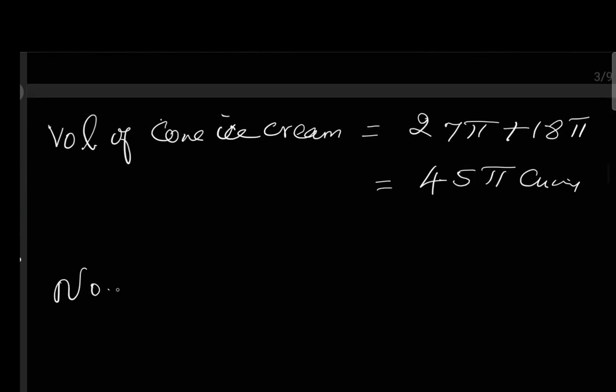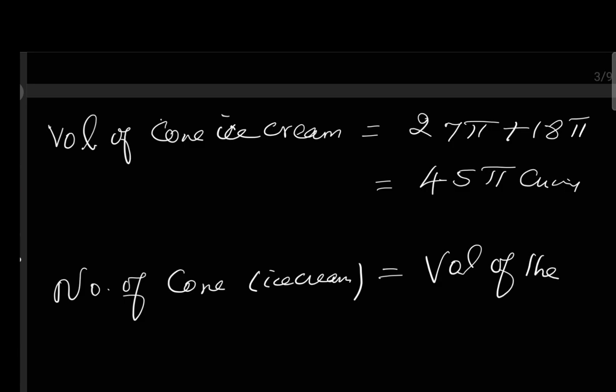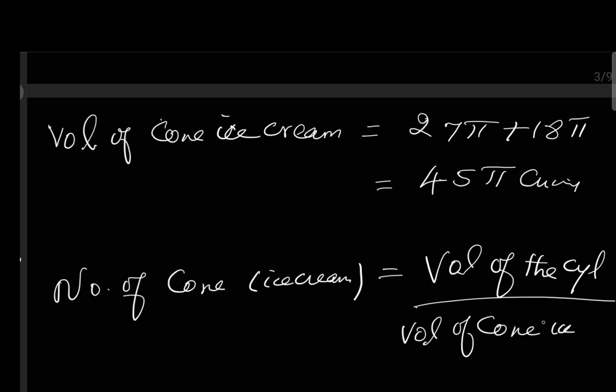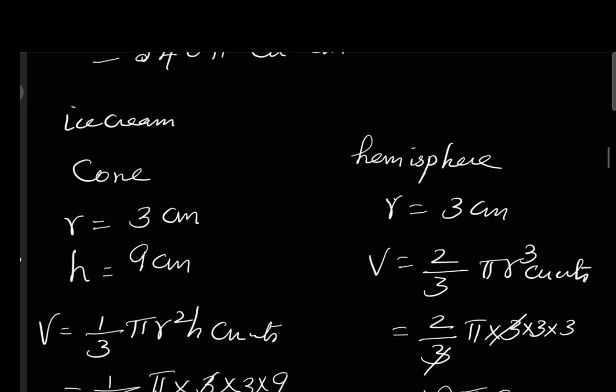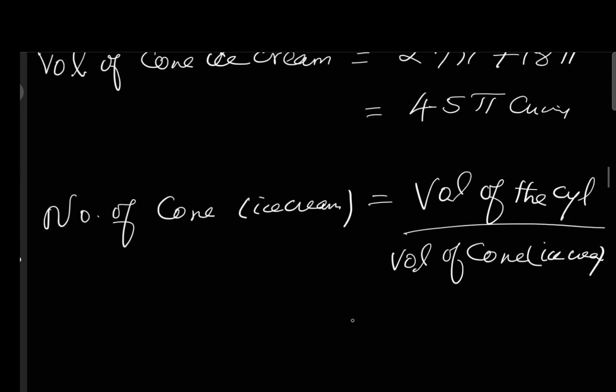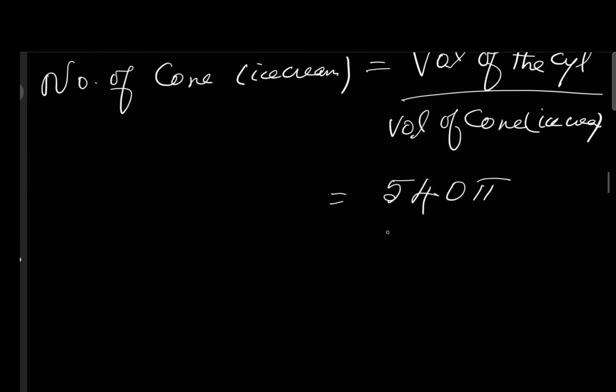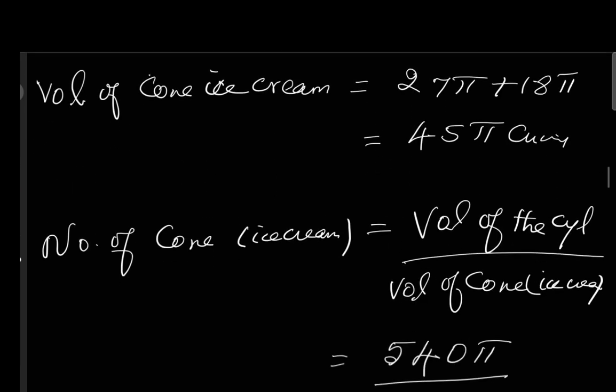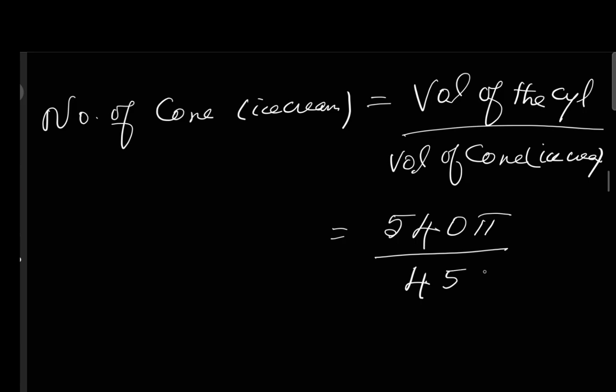So the number of cone ice creams is equal to the volume of the cylinder divided by the volume of the cone ice cream. What is the volume of the cylinder you have got here? 540 pi. 540 pi divided by the volume of the cone ice cream, 45 pi.